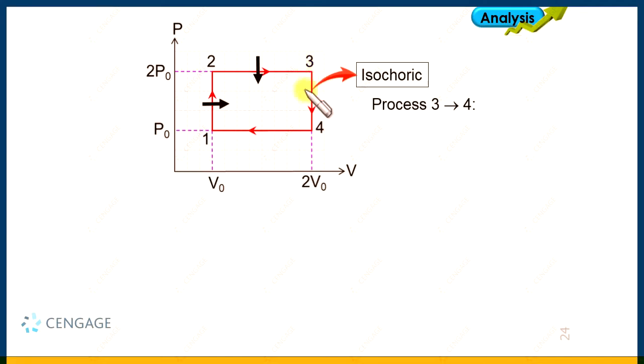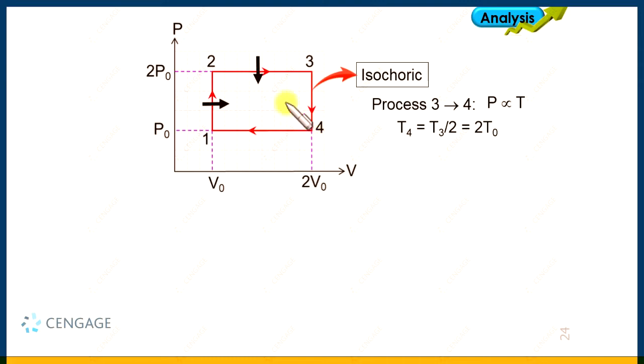That means if pressure becomes half, the temperature will also become half. Here the temperature is 4T0, so the temperature will be half of this value, equal to T3 divided by 2, and T3 is 4T0. That means the temperature at position 4 is equal to 2T0, right?